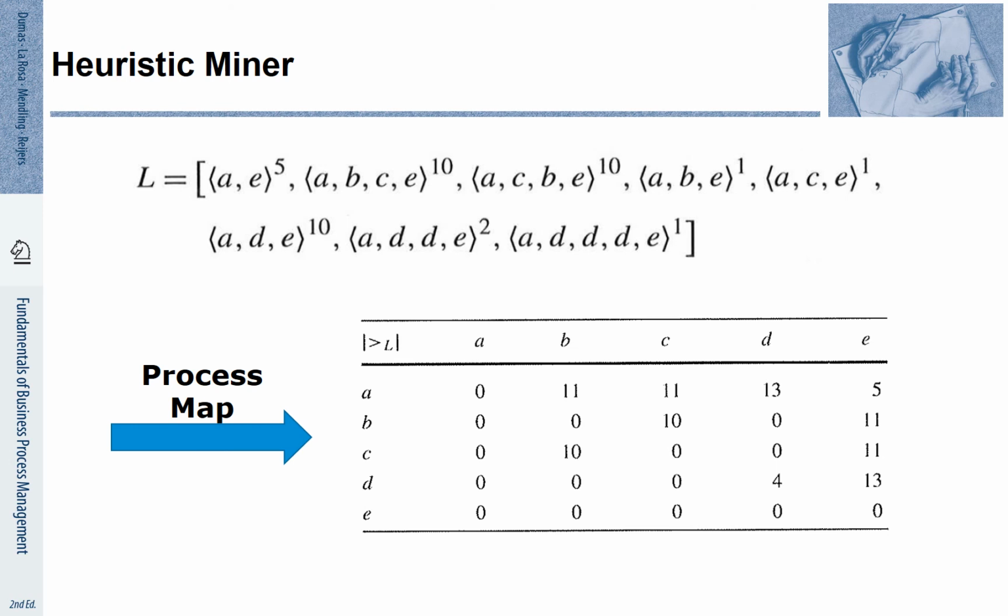If you look at the matrix below, you can read that from A to B, we observe 11 different instances where this has happened. And indeed, we have 10 times the sequence A, B, C, E, and we have once the sequence A, B, E. This makes 11. Correspondingly, the matrix shows the number 11 in the cell in the first row A and the corresponding column B.